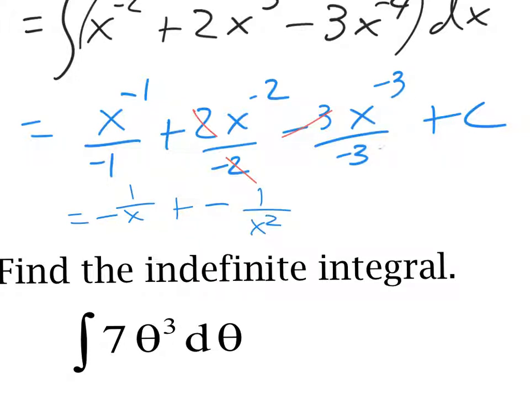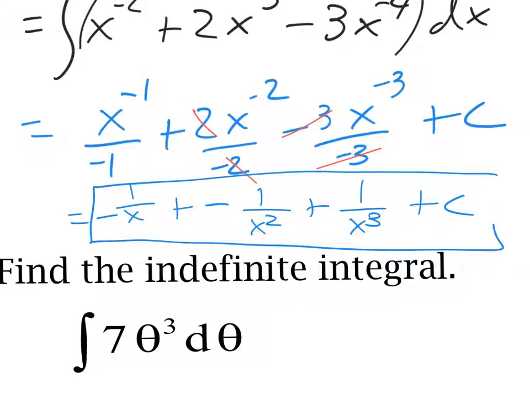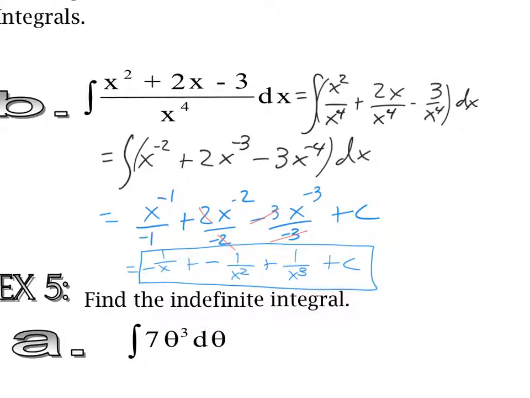Here we could cancel out both of these negatives so that we get a plus 1 over x cubed and then plus c. So I don't really need this plus here. We've got negative 1 over x minus 1 over x squared plus 1 over x cubed plus c, and that would be the antiderivative of this big nasty thing.